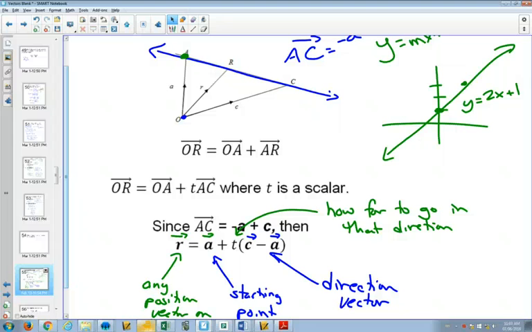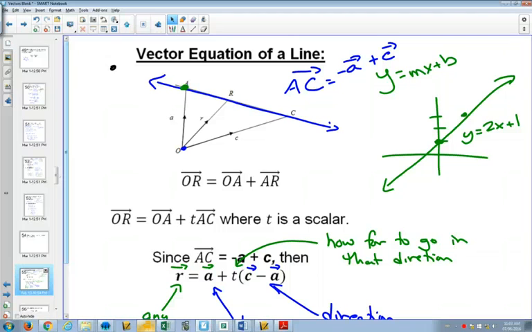So to recap, we've got a point on the line. We know the direction of the line. And then depending on what the t value is, we can create any point on that line that we want. All those points put together become our equation of our line.